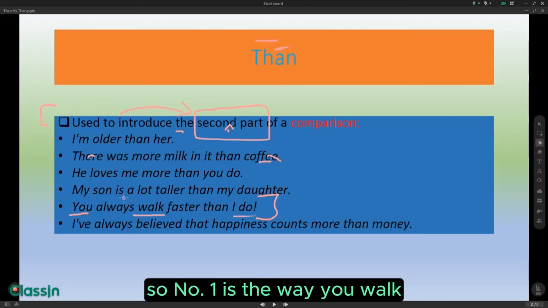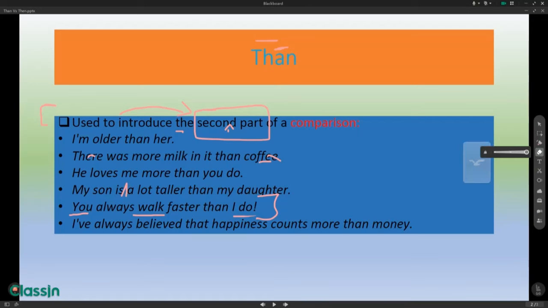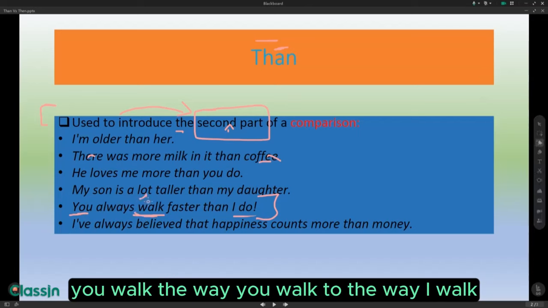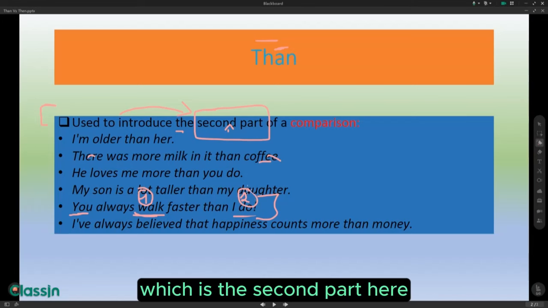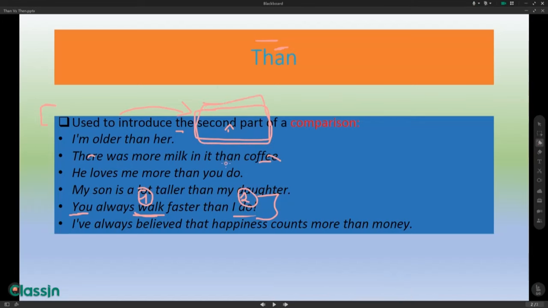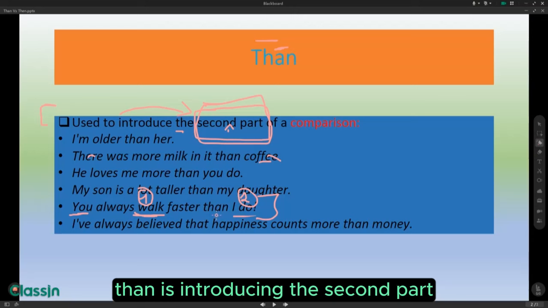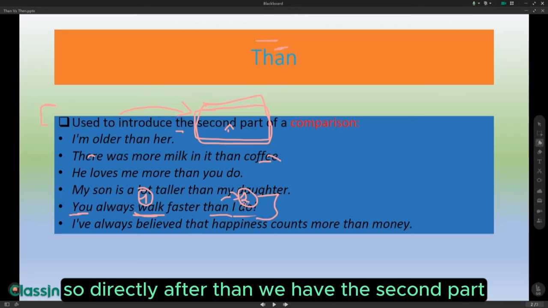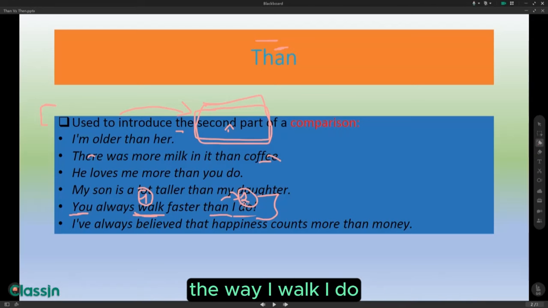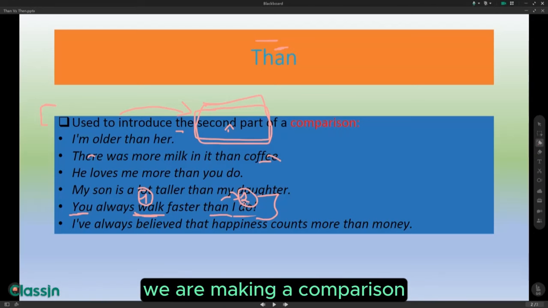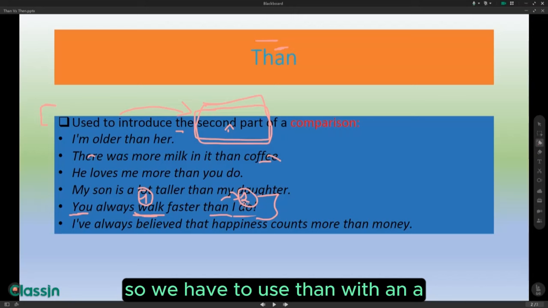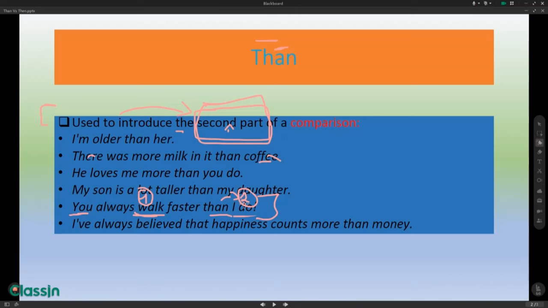This is part number 2, which is the second part here. Very good. And as you can see here, "than" is introducing the second part. So directly after "than", we have the second part, the way I walk, "I do". And in this part as well, we are making a comparison. So we have to use "than" with an A.